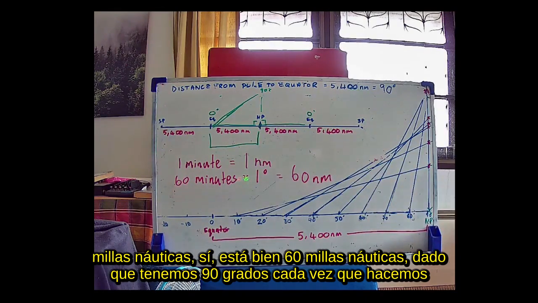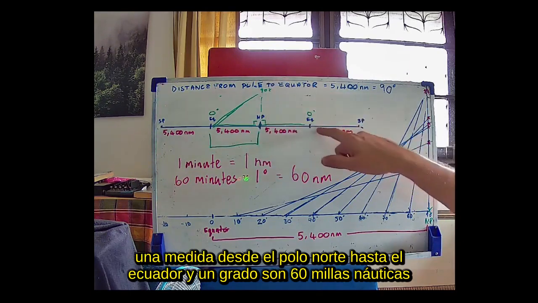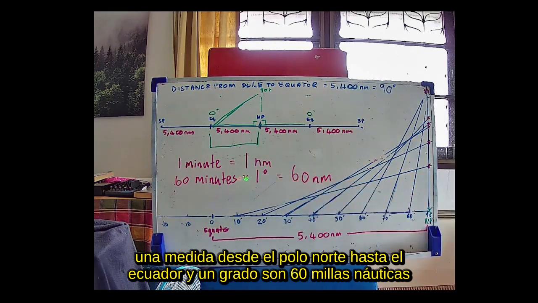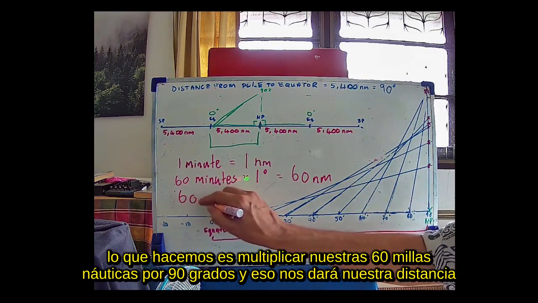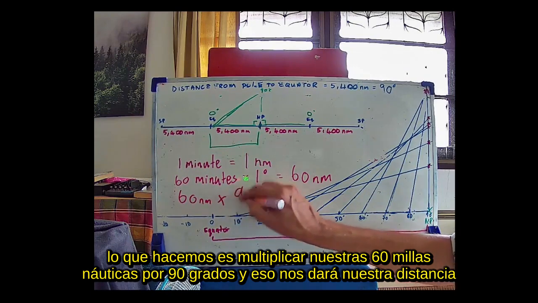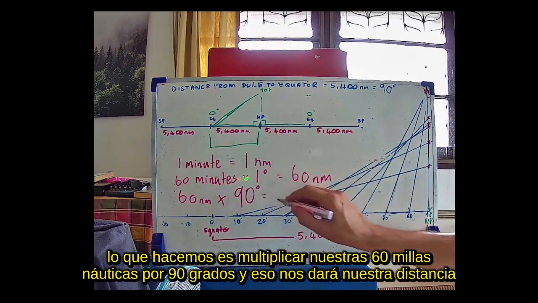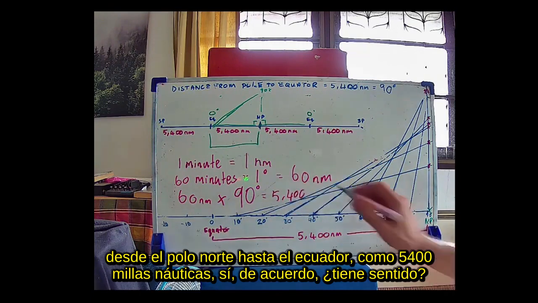Given that we have 90 degrees from the North Pole to the equator, and 1 degree is 60 nautical miles, we multiply our 60 nautical miles by 90 degrees, and that will give us our distance from the North Pole to the equator as being 5,400 nautical miles. Does that make sense?